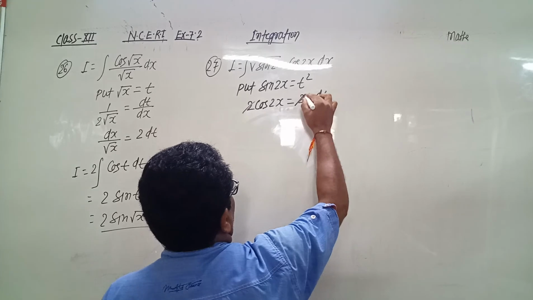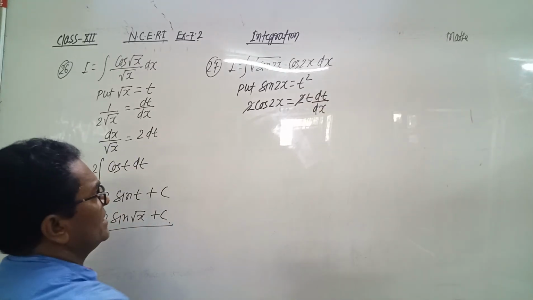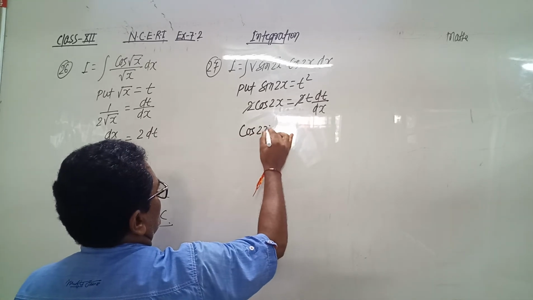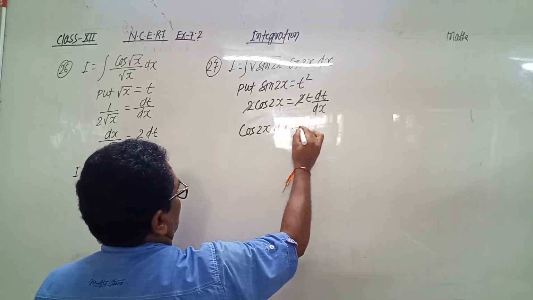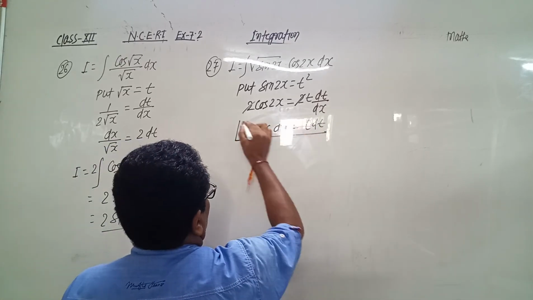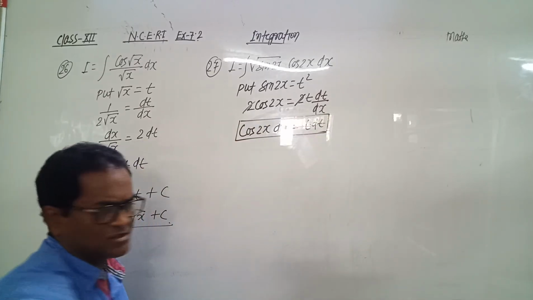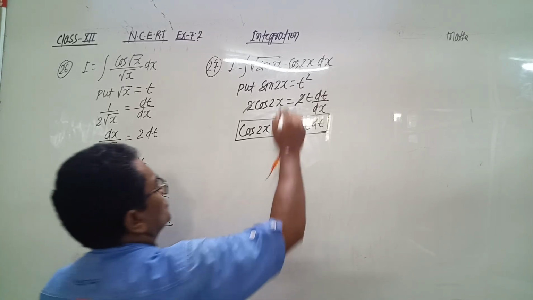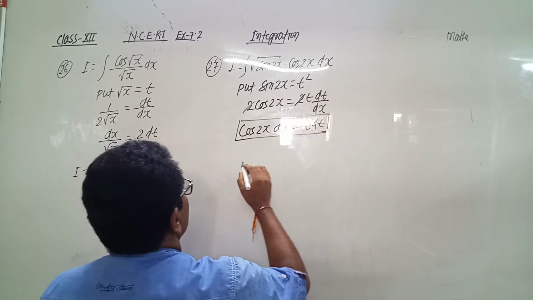So 2 and 2 cancel, and cos 2x dx equals t dt.